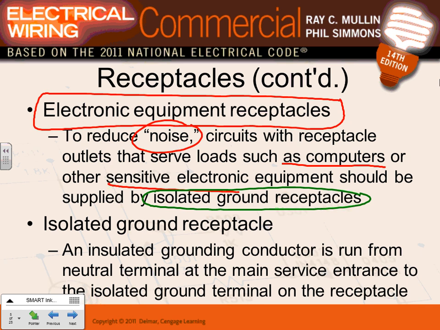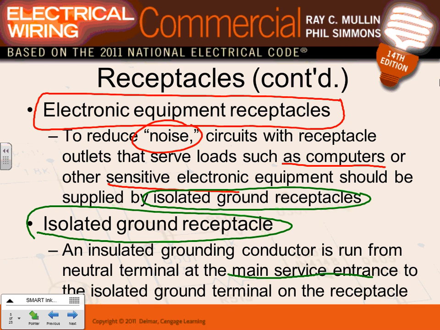In order to have an isolated grounding system, you have to have an isolated ground receptacle. That comes by design, and you have to take the grounding conductor all the way to the main service terminal.